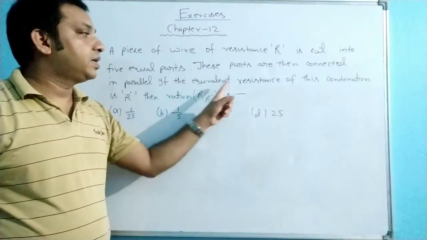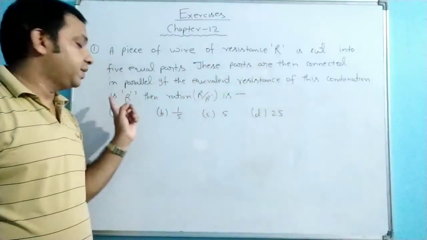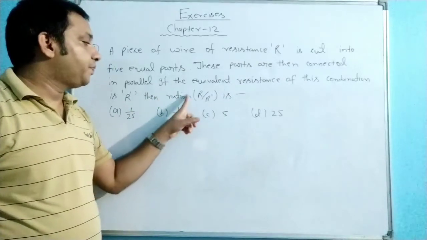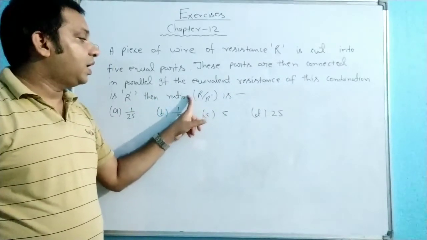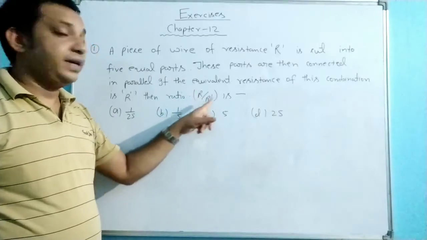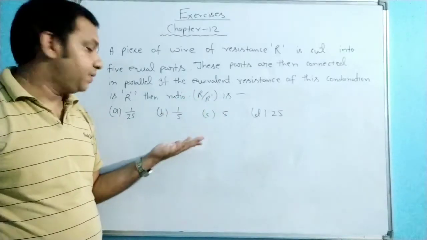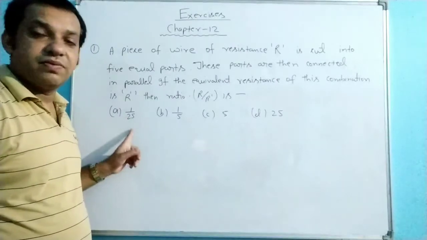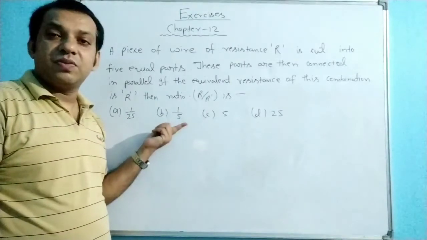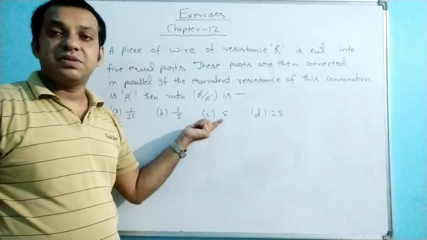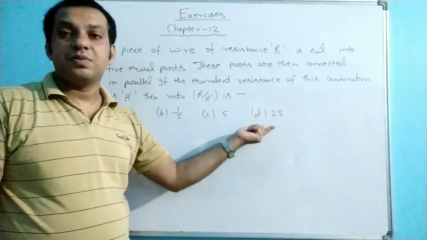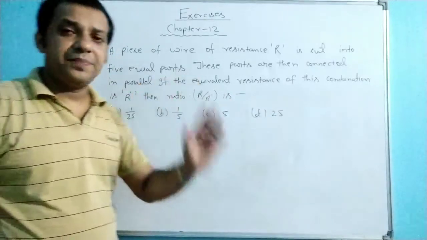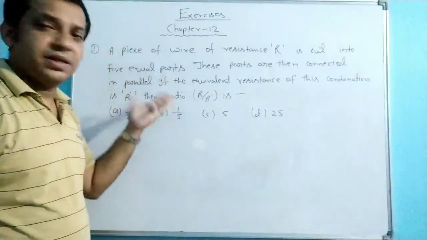If the equivalent resistance of this combination is R dash, then the ratio R divided by R dash is, and the 4 options are given. Option A is 1 upon 25, option B is 1 by 5, option C is 5, and option D is 25. Right? So I am explaining the question.